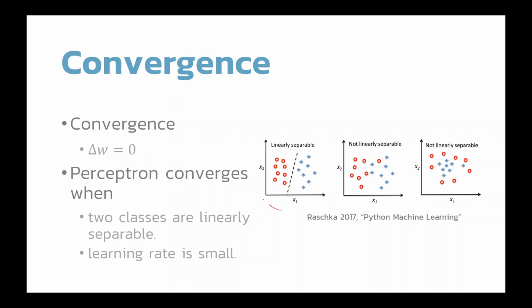If you have the first type, your model will converge, meaning that after a while, your epochs will give you no improvement. But if your data is like this, then it will never converge because it's going to keep finding the right way, and it can never find the right line to separate your data perfectly. So it's going to keep switching between different orientations, and it never converges.